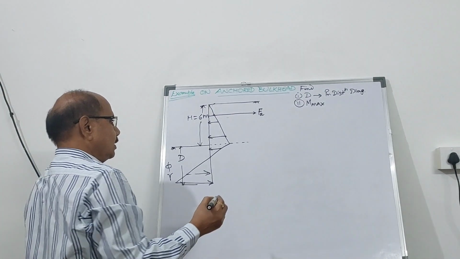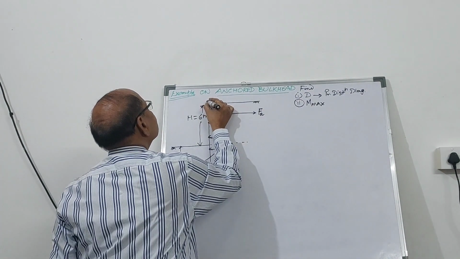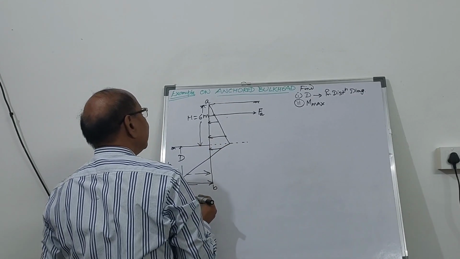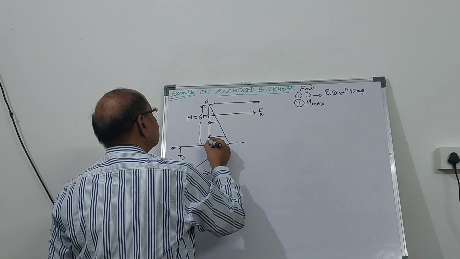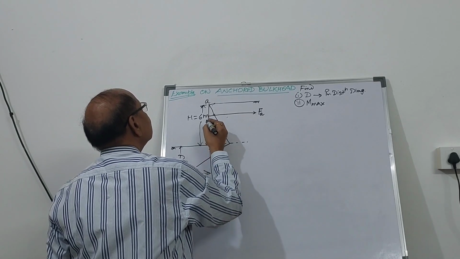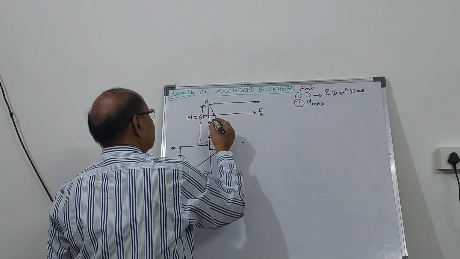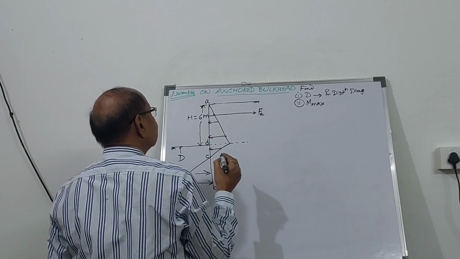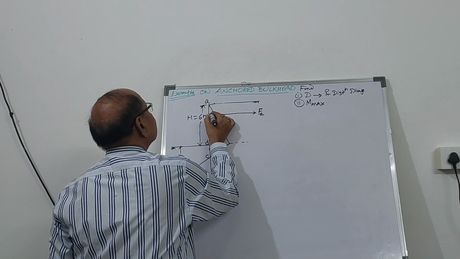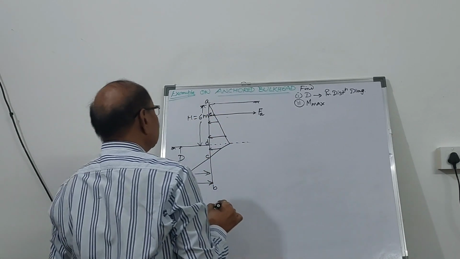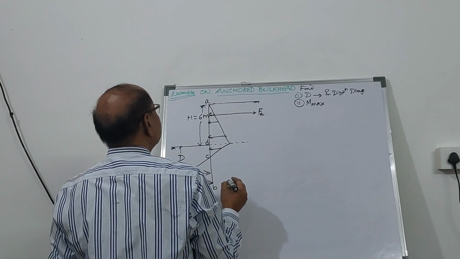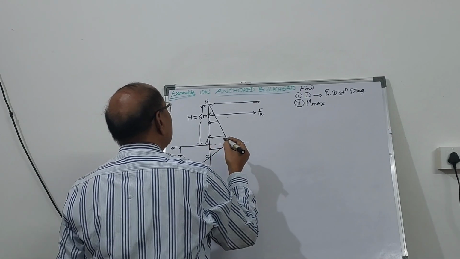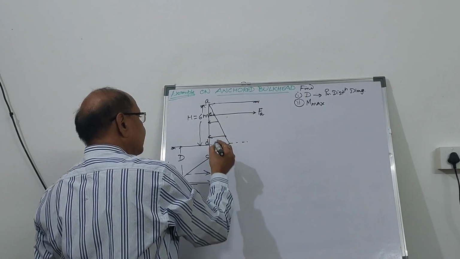So friends, draw the topmost point as A, bottommost as B, and this can be taken as C. Dredge line we can take it as D, and this point we can take it as E. Naturally, the distribution of the force and everything we will need to calculate it.